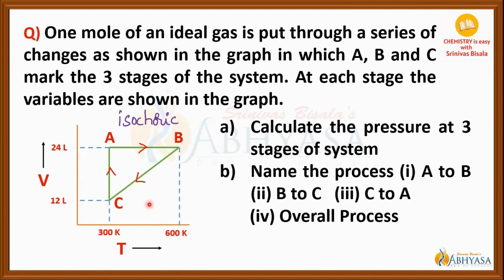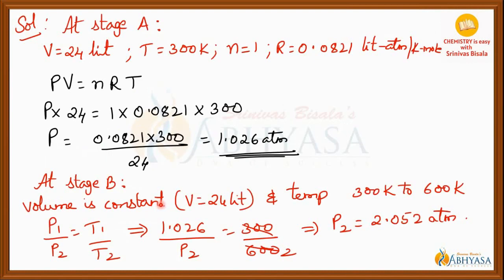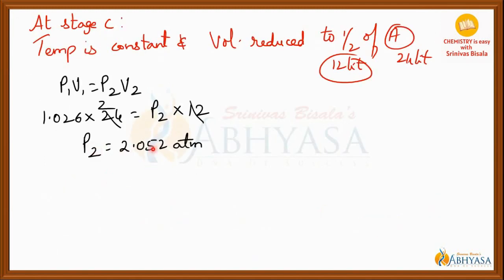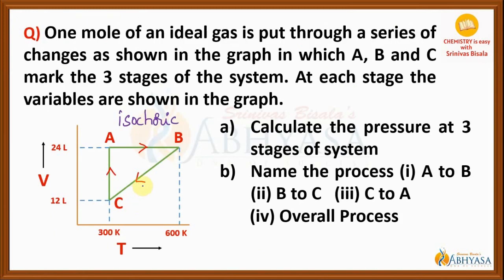How do you know pressure is constant? Check out your previous answers. At stage B, pressure is 2.052, and at stage C also the pressure is 2.052. So definitely this is nothing but your isobaric process, isn't it? So from B to C, I will write it as isobaric process.